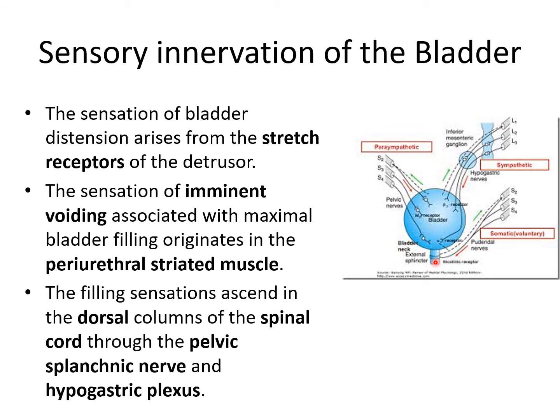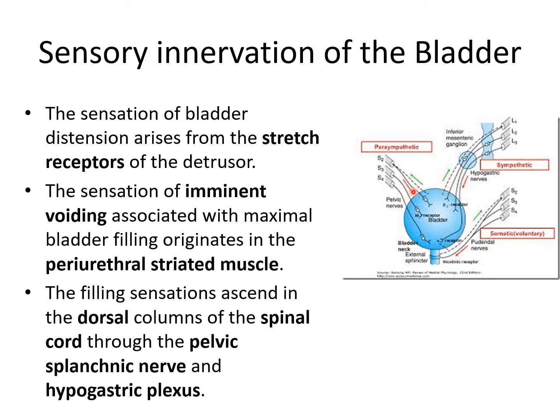Now this sensation from the bladder wall as well as from the periurethral area passes through the dorsal column of the spinal cord. From the bladder wall, it passes by two different pathways: one is the pelvic splanchnic nerve and another is the hypogastric plexus.